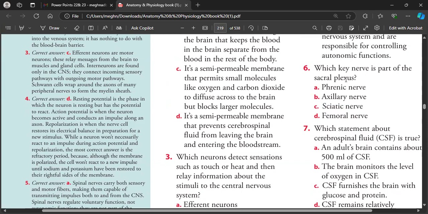So if we go back to our last lecture, we talked about the spinal cord: cervical, thoracic, lumbar, sacral, and coccygeal, right? So they said the sacral part. Definitely not phrenic. Phrenic is cervical, axillary is brachial, and sciatic is the best example for a sacral nerve.